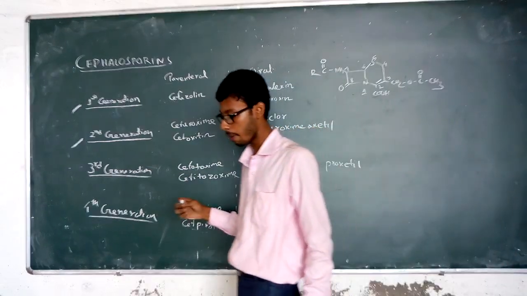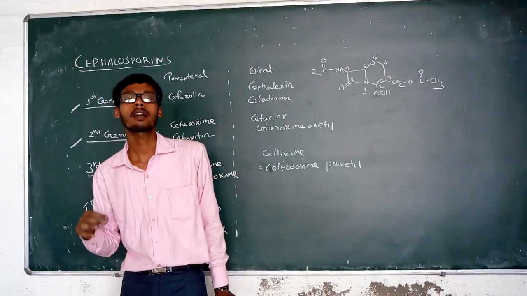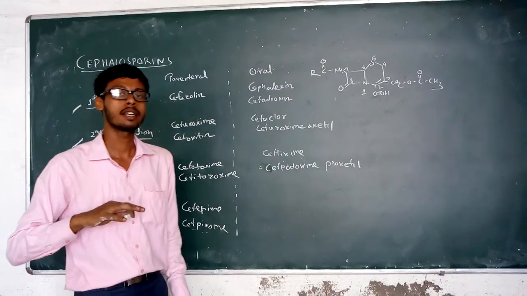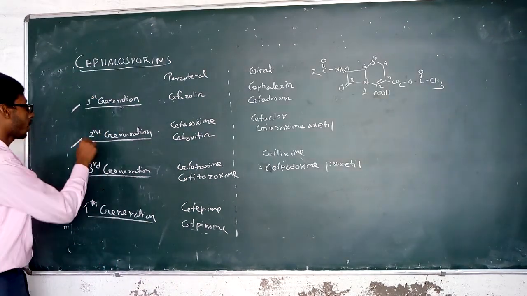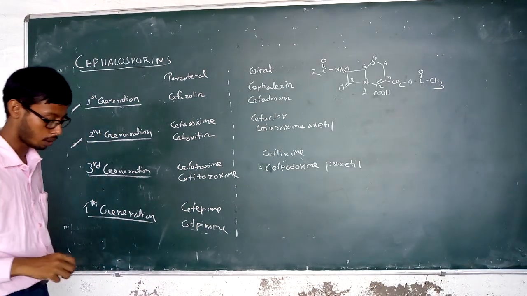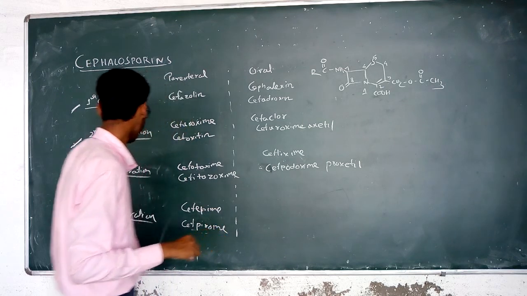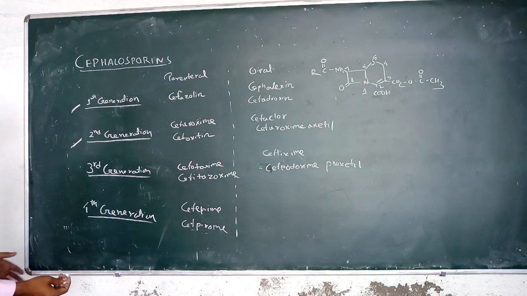The development of these drugs made them normally active against infections caused by gram-negative bacteria. So these are the drugs discovered in the second generation.